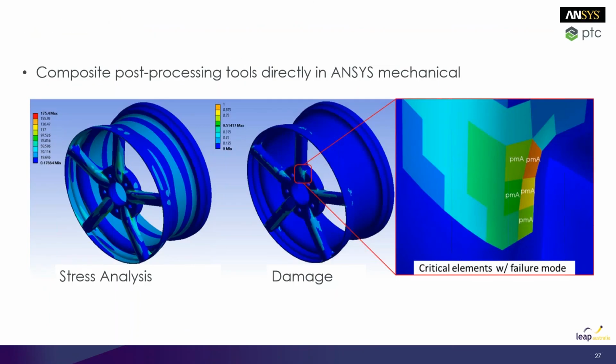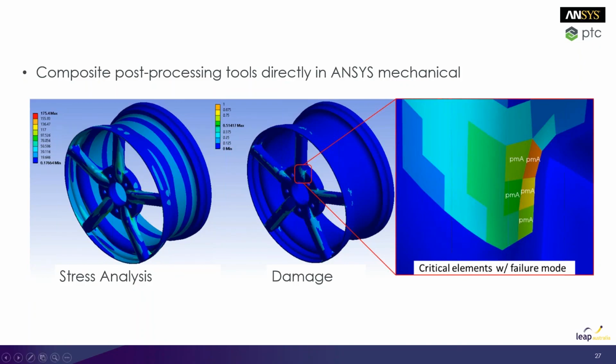So some of the post-processing features that will be really critical for a composite material. Obviously, things like stress analysis are going to be a good indicator of how safe our structure is. But because there's such a difference in strength between the fibers and the matrix, if you have a fairly modest amount of stress but loaded in a really incorrect orientation, you can damage the structure.